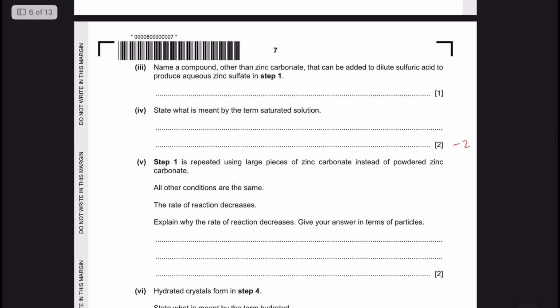The next one, name a compound other than zinc carbonate that can be added to dilute sulfuric acid to produce aqueous zinc sulfate in step 1. So unfortunately, zinc is not a reactive enough metal to be on its own, which means we have to either choose zinc oxide, typically this is the one that students should remember better, or zinc hydroxide.